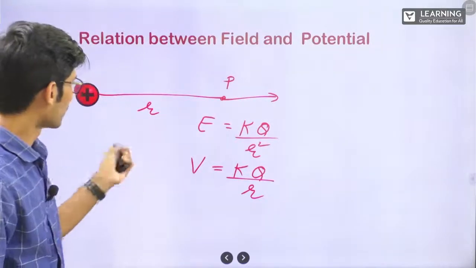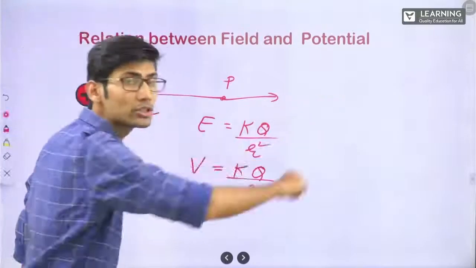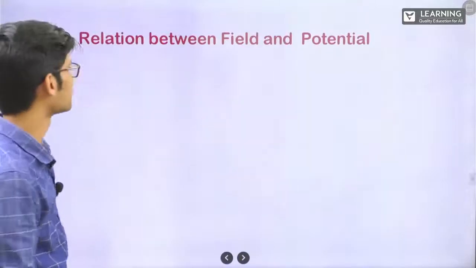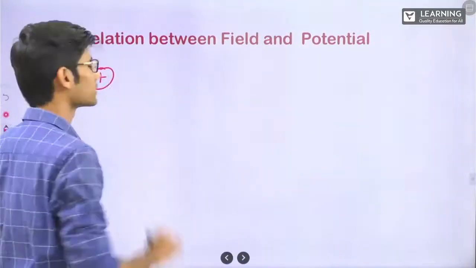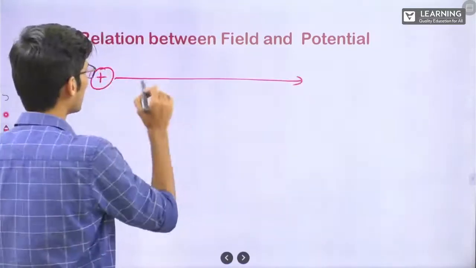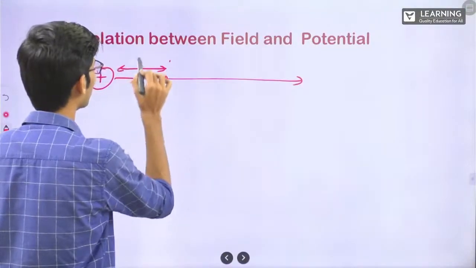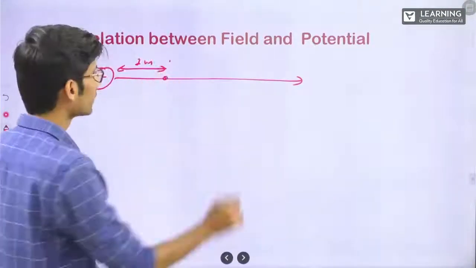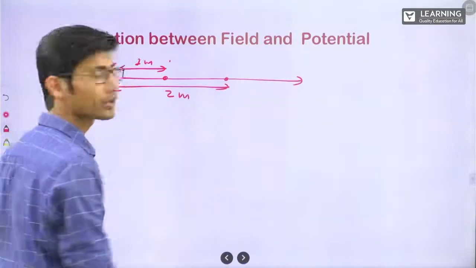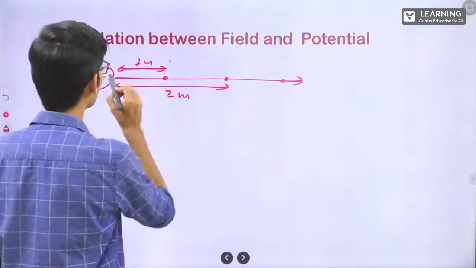Now, one more thing you have to understand is, as we move along the electric field, the potential keeps on decreasing. Let's see. Suppose this is a positive charge. Electric field lines will be like this. Let's say there is a point which is at 1 meter from here. Another point is at 2 meters from here. Third point, let's say here, it is at 3 meters from here.